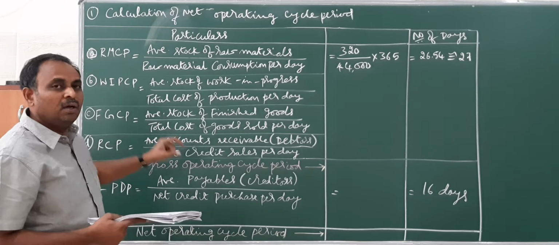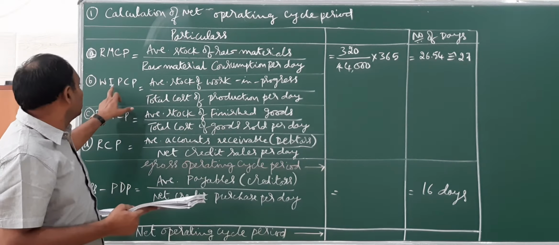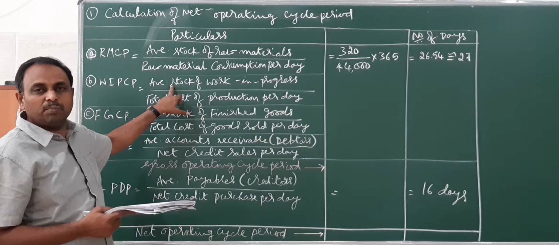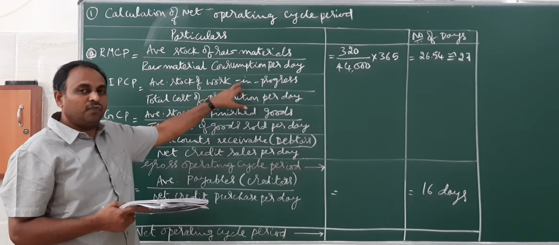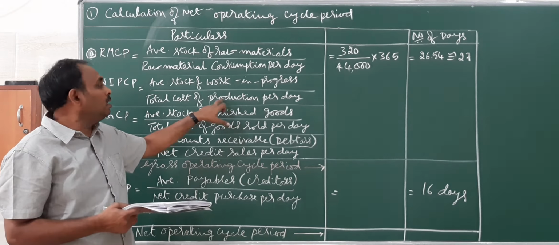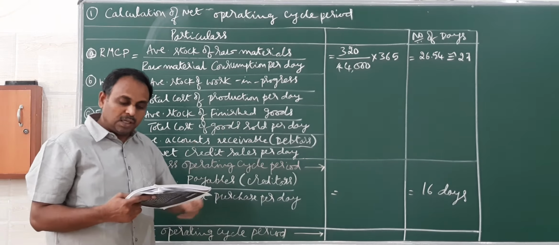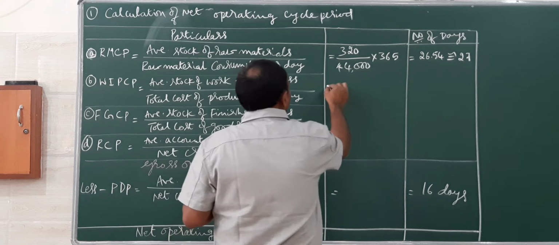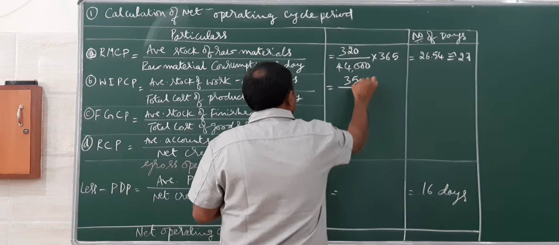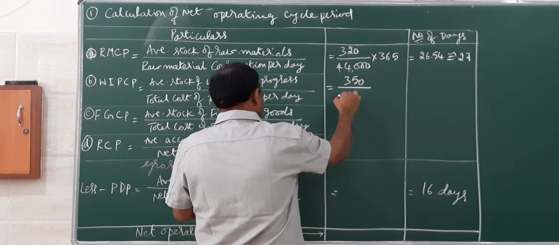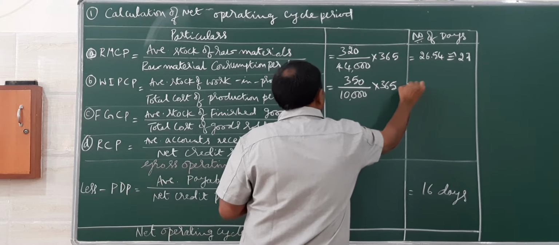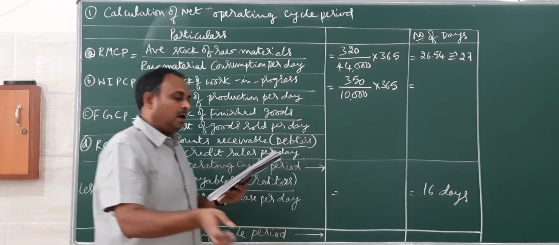The next one is work in progress conversion period. It is based on average stock of work in progress divided by total cost of production per day. The total cost of production is also given in the problem. Average stock of work in progress is 350, and cost of production is 10,000 divided by 365 per day.